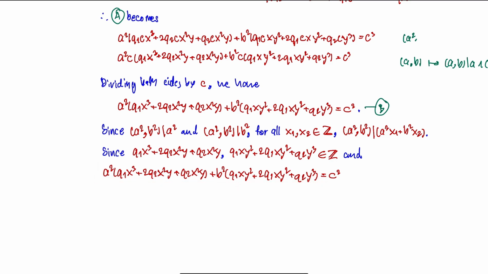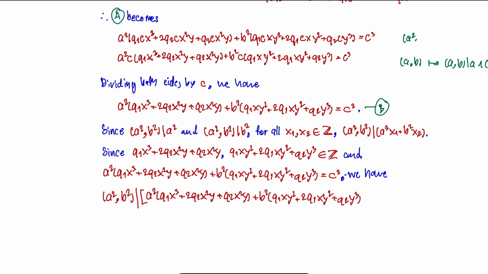Let me write it like this. We have the greatest common divisor of a squared and b squared divides this term right here, because for all integers x1, x2, the greatest common divisor of a squared and b squared divides a squared x1 plus b squared x2.